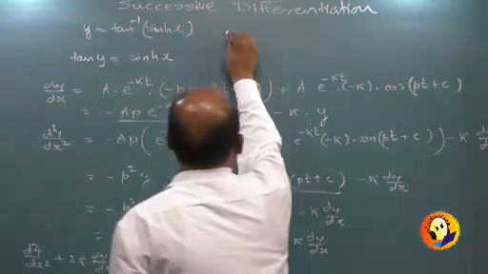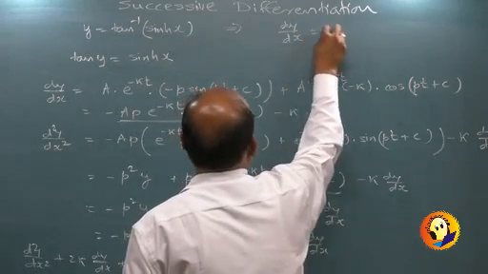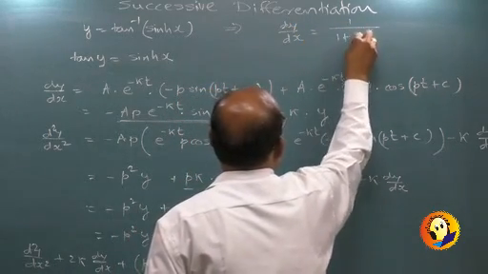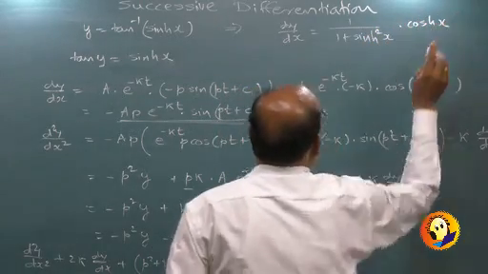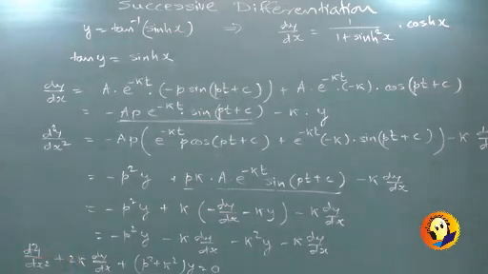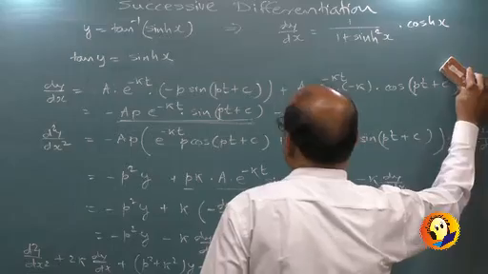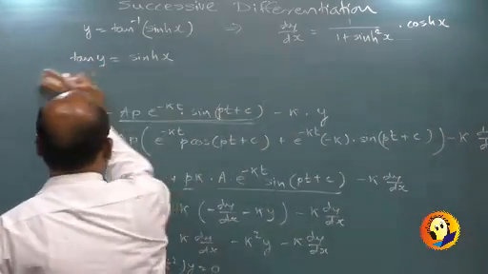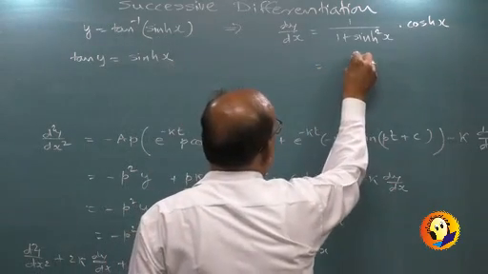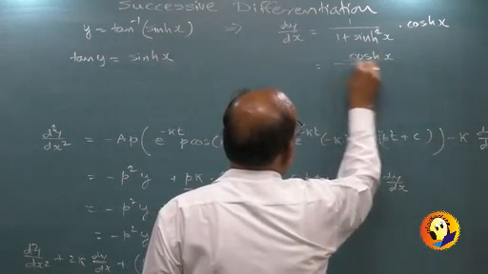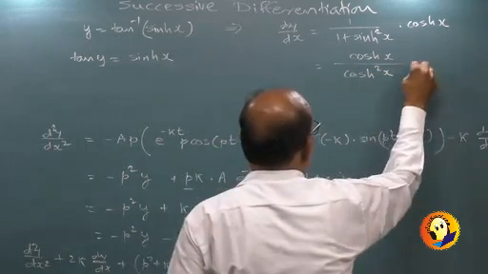One way that we have thought of was directly going for dy by dx as 1 upon 1 plus sin square x into cos x. That is, we differentiate it directly. What is 1 plus sin square? 1 plus sin square is cos square. So this becomes cos x upon cos square x, and so it is 1 upon cos x.